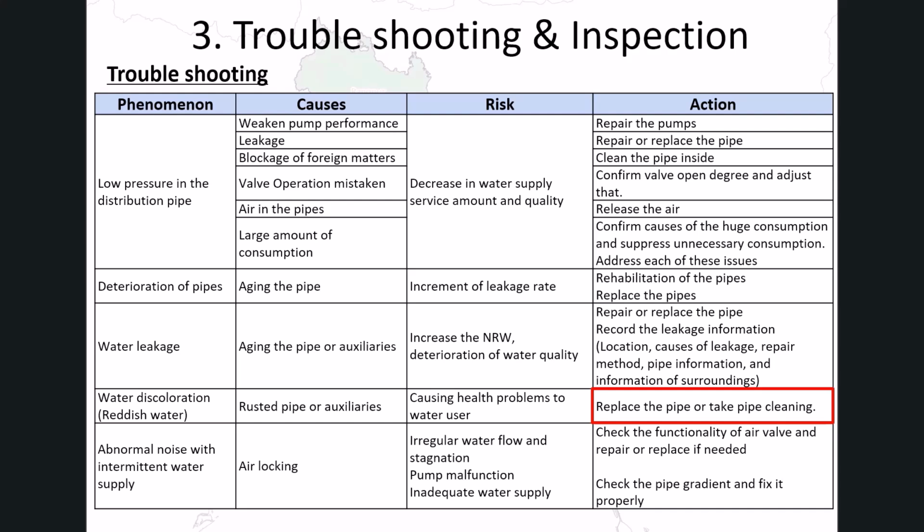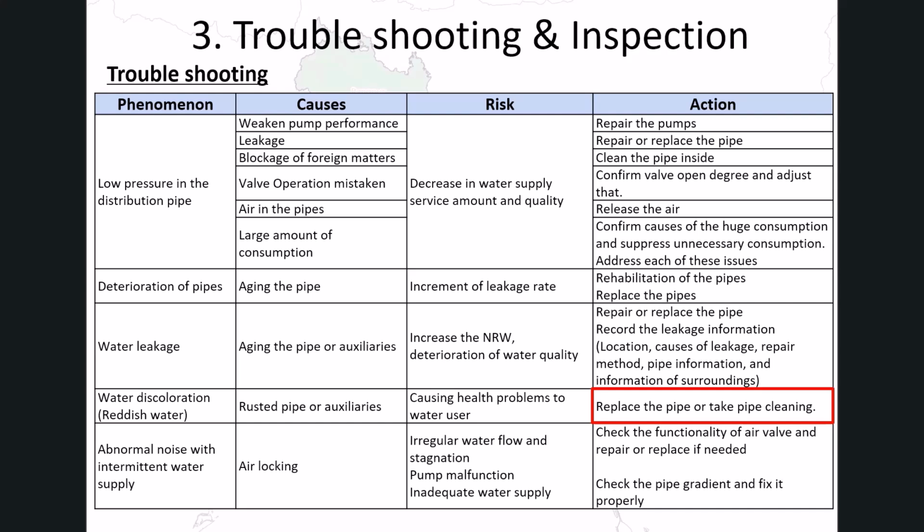Up to this point, important points of the pipeline were explained separately, together with basic theory, confirmation points and control measures. And these points are converted into one troubleshooting table, so that you can identify what caused the problem and the necessary actions to take from the phenomenon you observed in the pipeline.